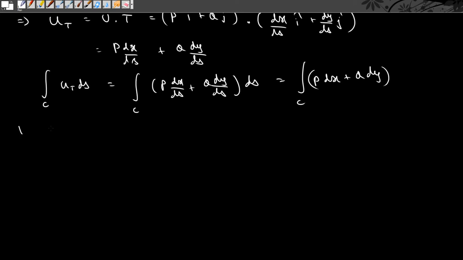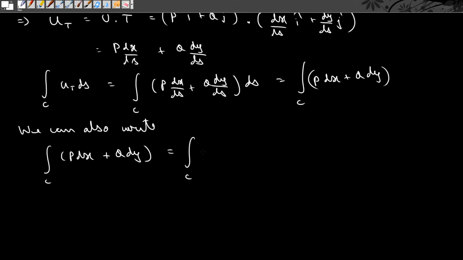Now we can also write the integral over C of P dx plus Q dy. Here C represents the curve. This is equal to the integral over the curve of u dot dr, where I define the dr vector as dx i cap plus dy j cap.